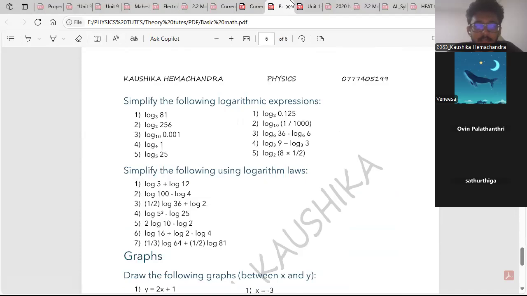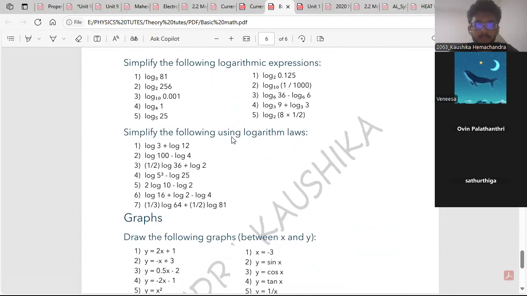And we'll first take the homework as well. First, we'll get with this basic maths part over. So then we only have to do the graphs next week. So logarithmic expressions, this part is quite easy. We'll try to do almost all the sums.